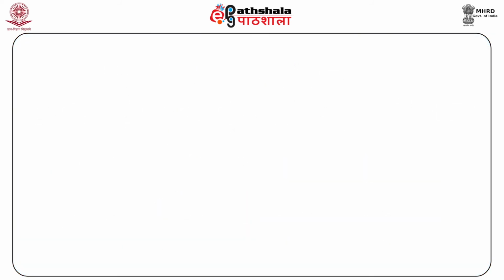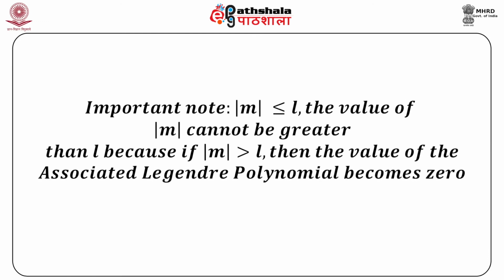Here one must remember that the absolute value of m would always be less than or equal to L. The value of |m| cannot be greater than L, because if |m| is greater than L, then the value of the associated Legendre polynomial will become 0.